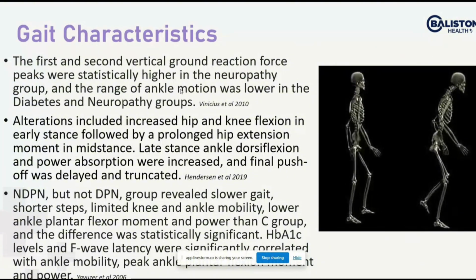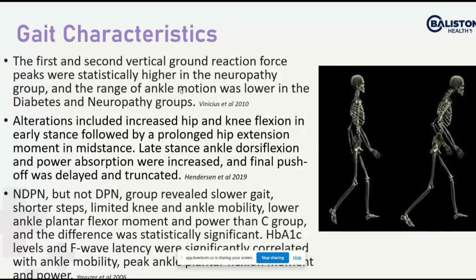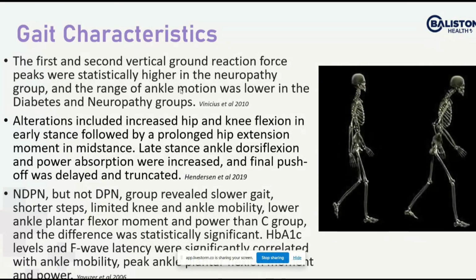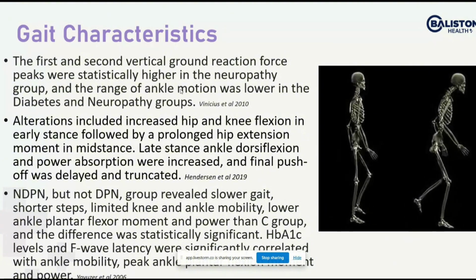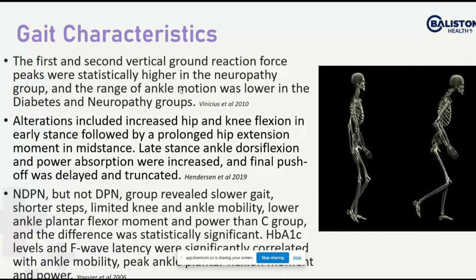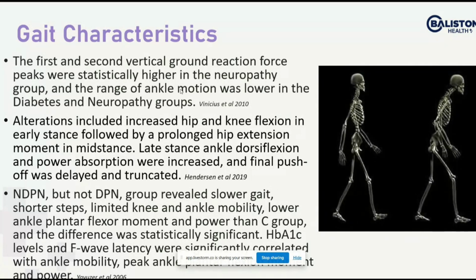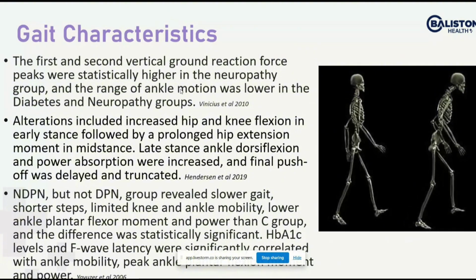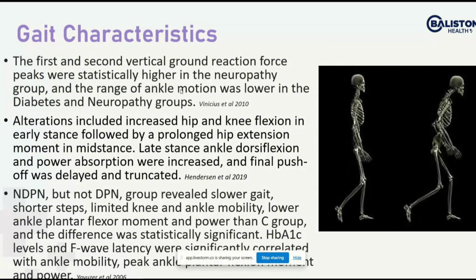And so that's actually seen. If you look at this bottom one here by Yabusa et al. in 2006, they were just measuring their marker, glycosylated hemoglobin, HbA1c, and just showing that marker is statistically significant and related to some of these latencies that we see within that motor unit recruitment.